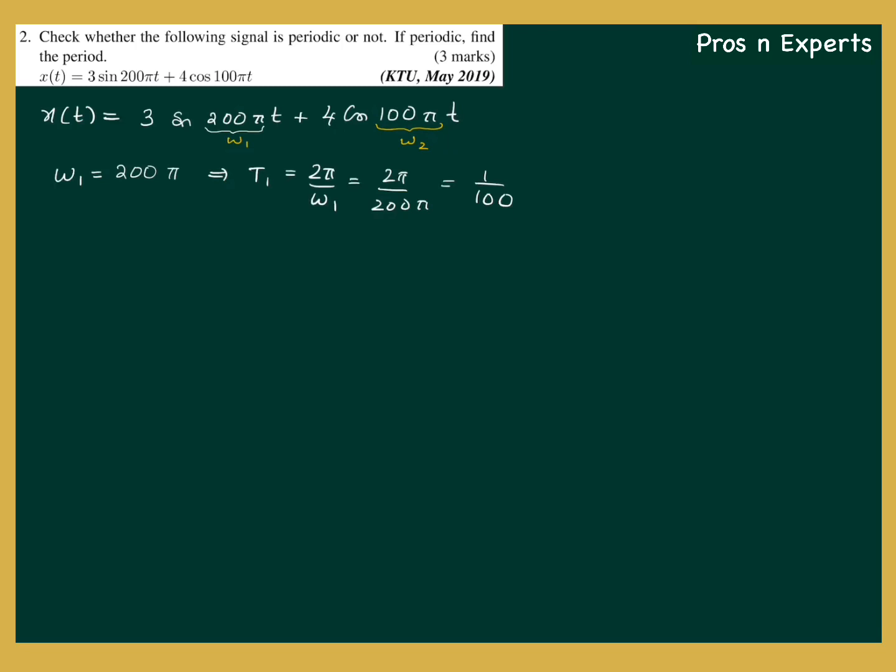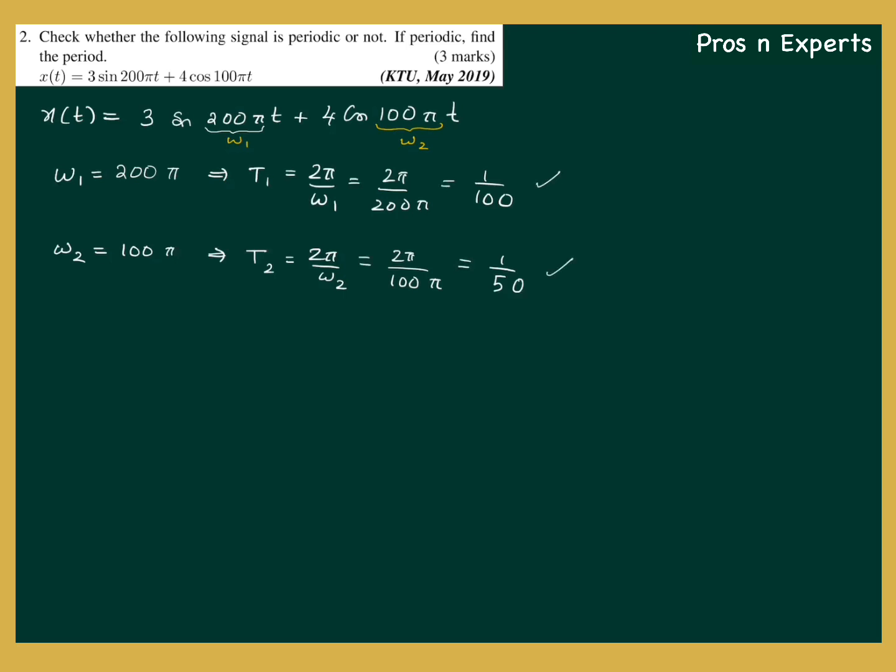And from the next term, omega 2 is 100 pi, so T2 is 2 pi by omega 2, which is 2 pi by 100 pi, equal to 1 by 50. So we got T1 as 1 by 100 and T2 as 1 by 50.